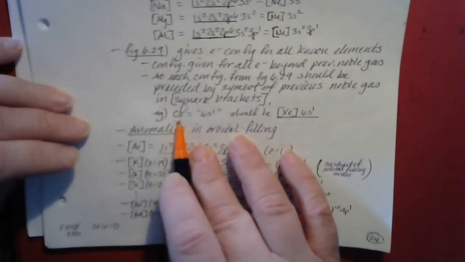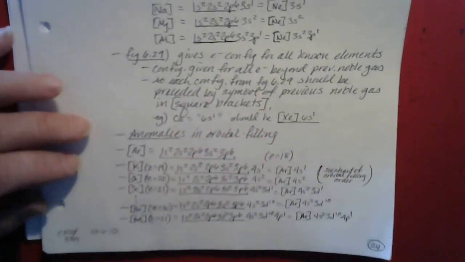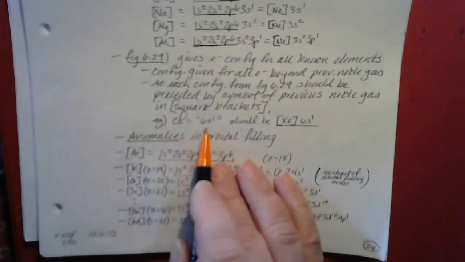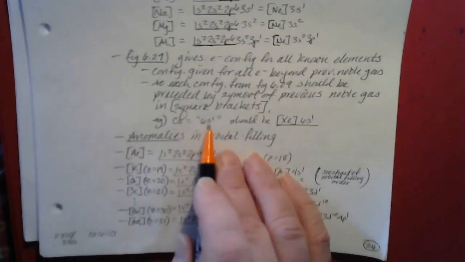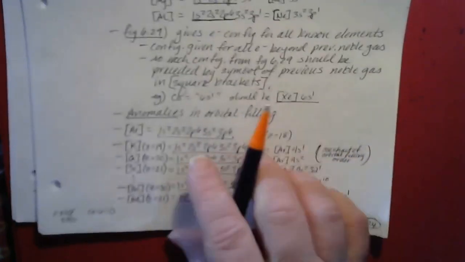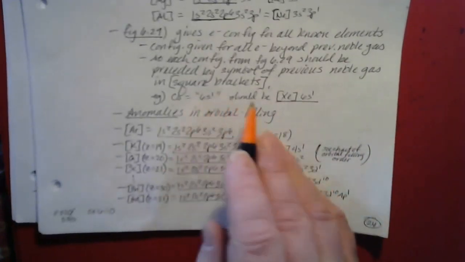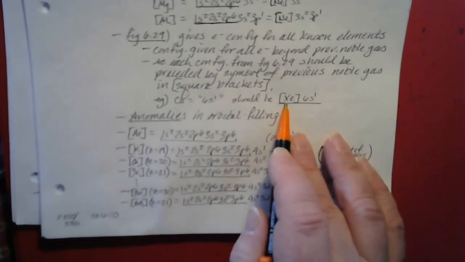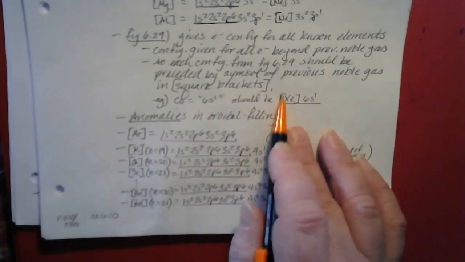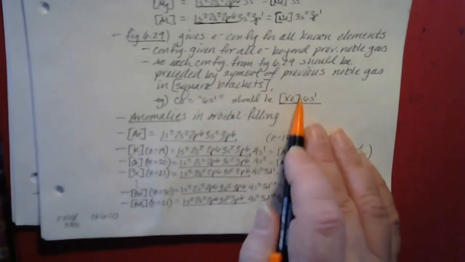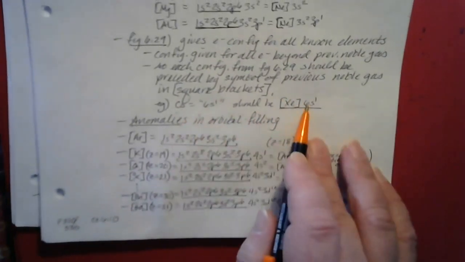And that's why, for instance, cesium in figure 6.29 is just listed as 6s1. That means that's how the electron configuration for cesium ends. But what would come right before that would be the electron configuration for xenon, which you can represent by [Xe] 6s1.